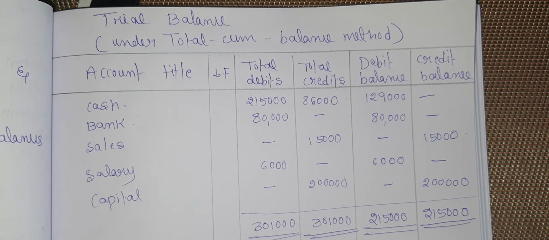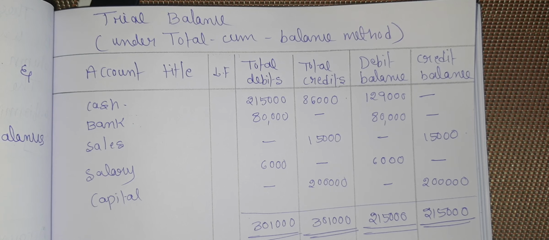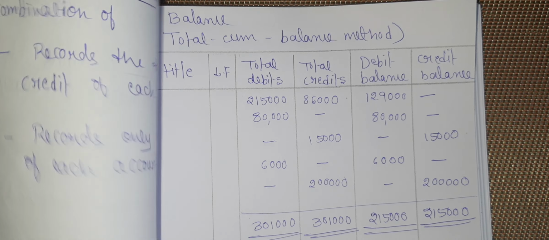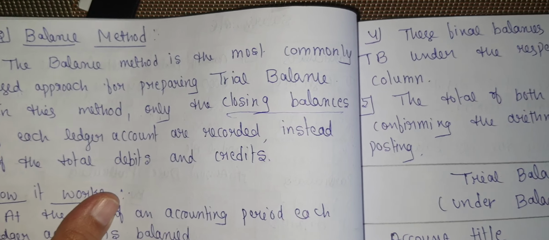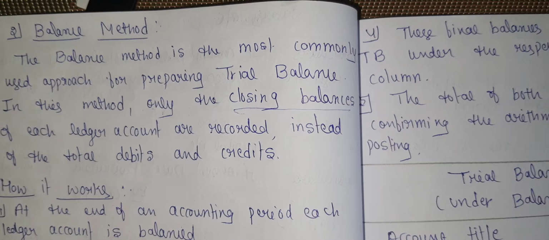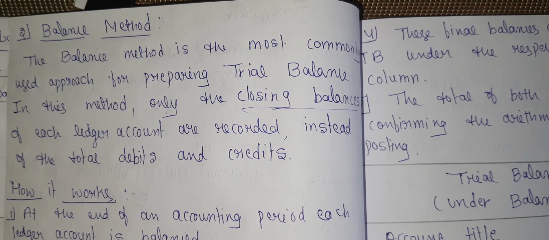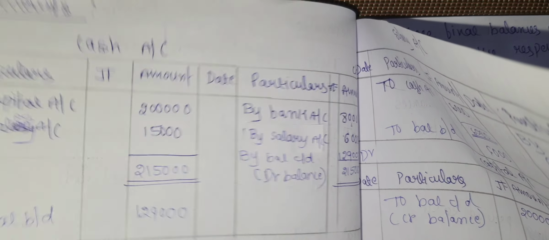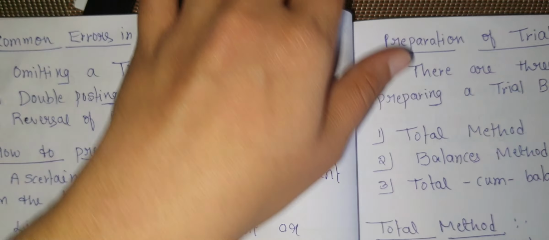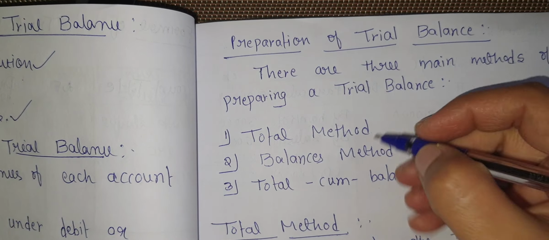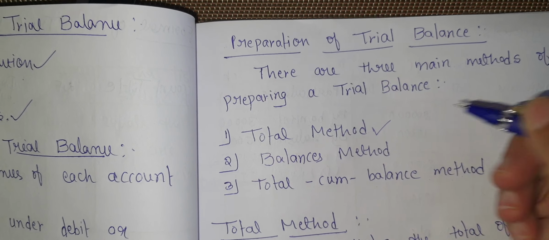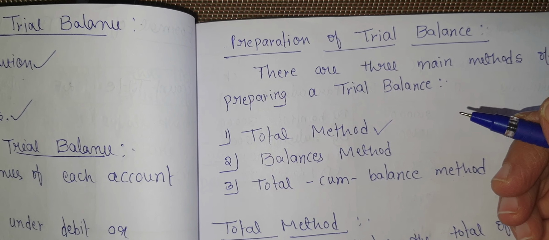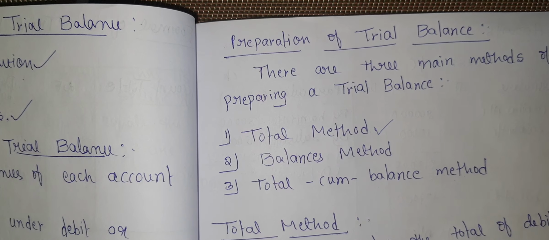So finally, the balance method is the most commonly used method for preparing a trial balance. In the total method, we record only total debits and total credits, but for preparing the financial statements we need net balances.